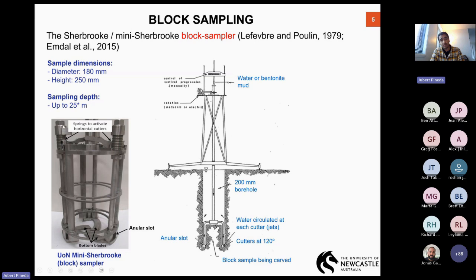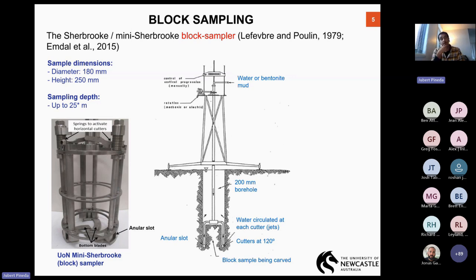To do that, we use these bolts that are located at the top of each column, and then we can rotate those blades before the sampler is connected to the drill rods. So once the bottom blades are open, now we connect it to the drill rods and we lower the sampler to the required sampling depth, and we have to rotate it.